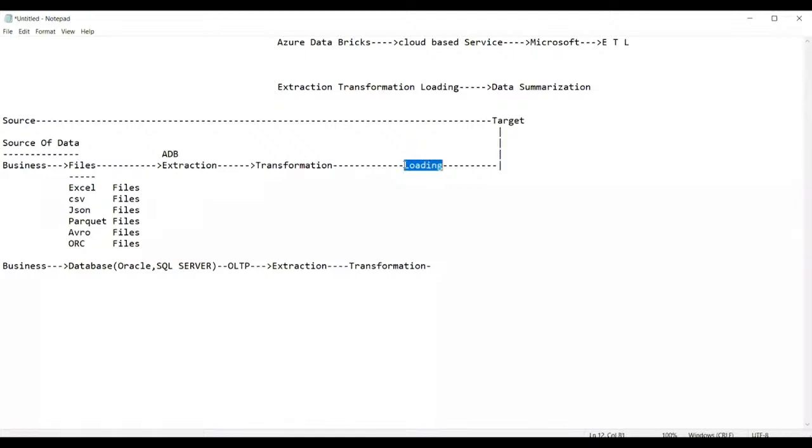So now, guys, loading will be done. Finally, once the loading is done, the loading will be done into the destination.